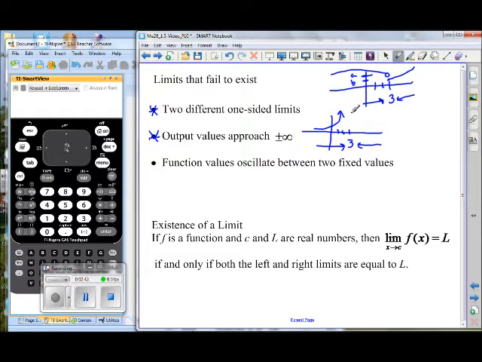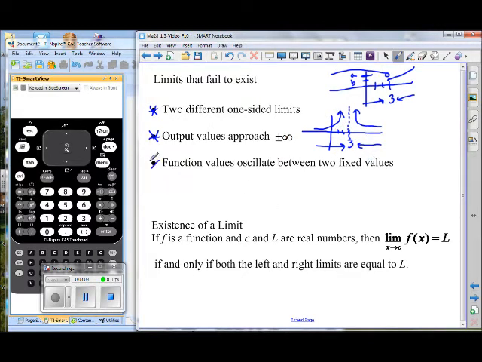The output values are getting larger and larger and larger. Perhaps though it's going down. So we are not able to clap. Often, as you may recall from former mathematics, we have what we call a vertical asymptote. These can go in the same direction, they can both go down, or one can go up and one can go down.